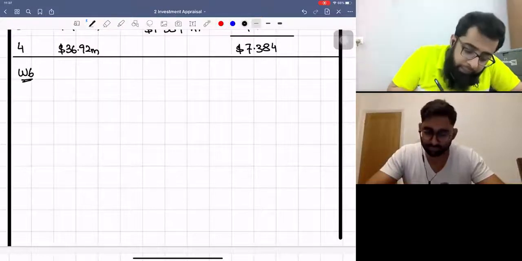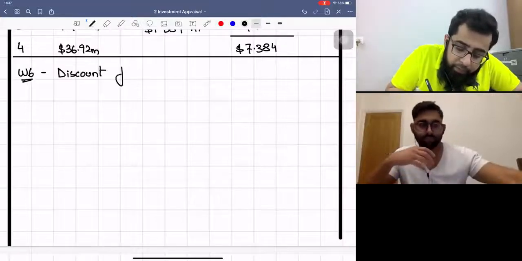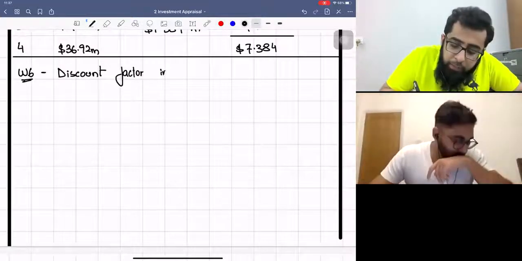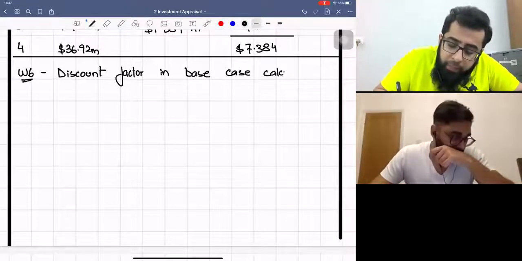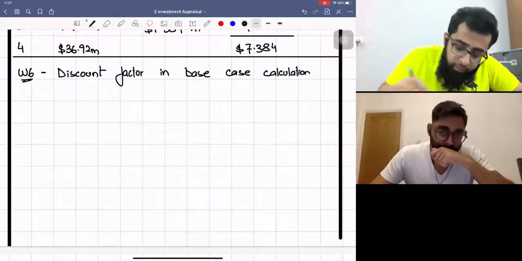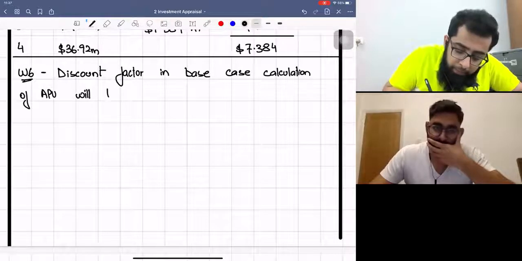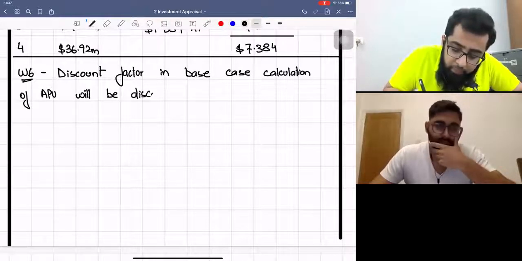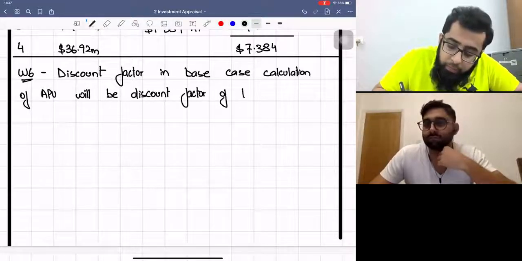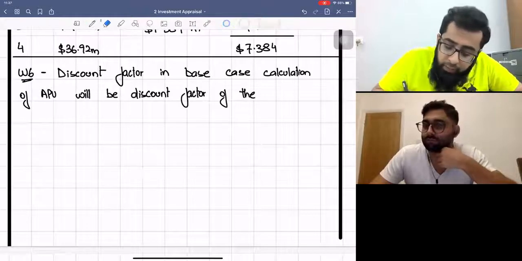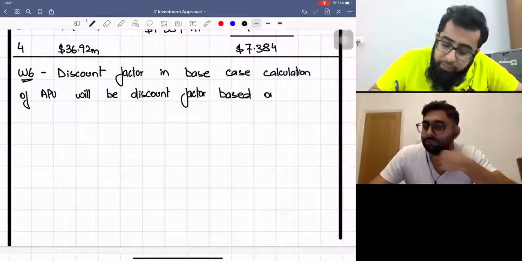Okay, now working 6, discount factor. In base case NPV calculation of APV, the discount factor will be based on project specific risk.